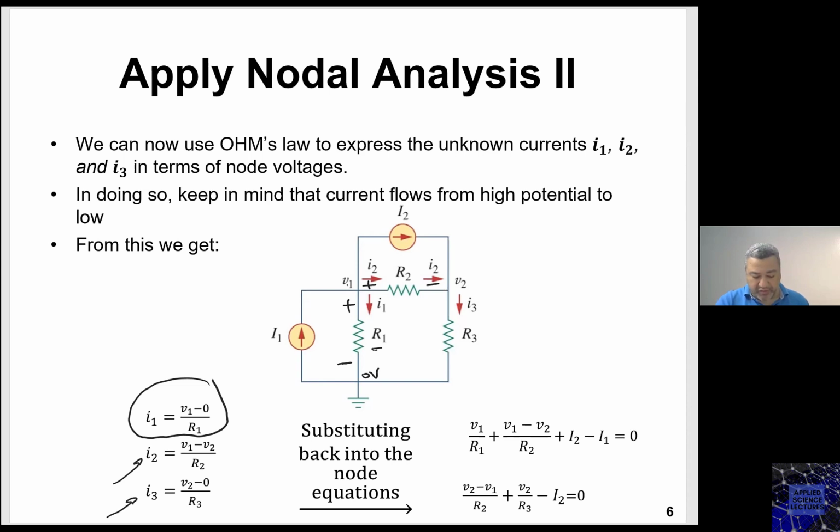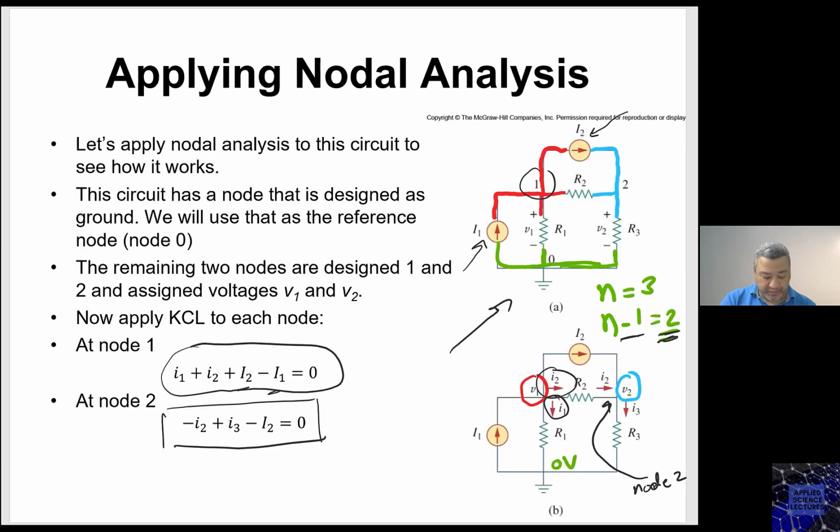For I3, I know that the current enters the positive and leaves the negative, so the potential difference across R3 is V2 minus 0. V2 minus 0 divided by R3 is indeed I3. Now take those three expressions and substitute them in the KCL equations that I found earlier.